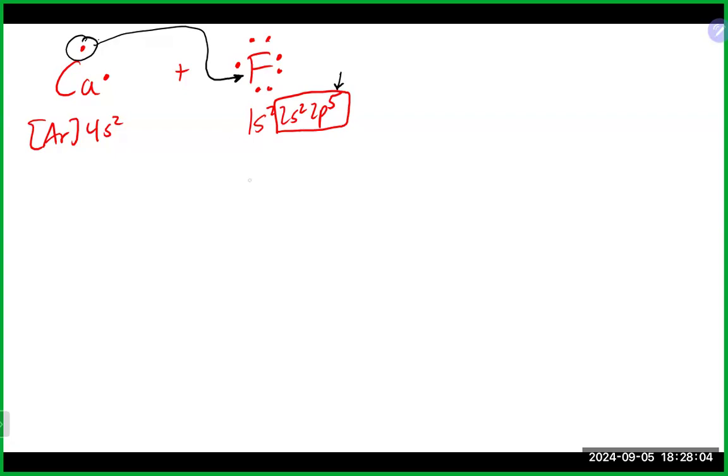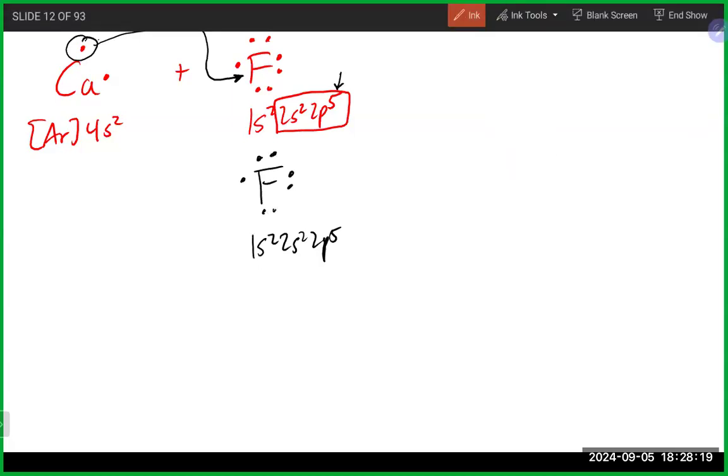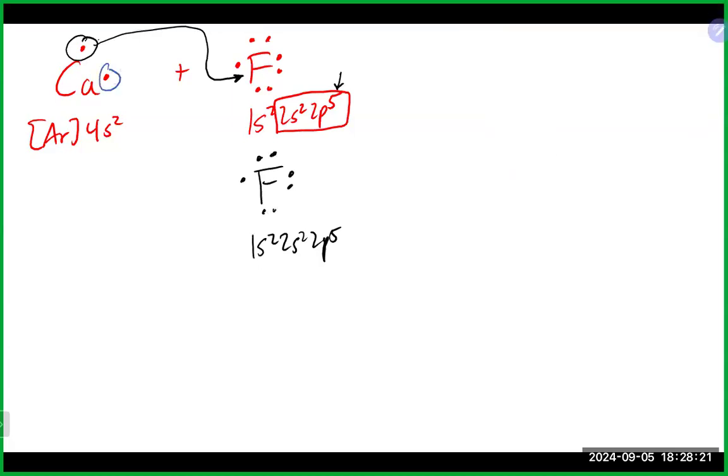But to fix it, we actually will need not 1 fluorine, but we actually need 2 fluorines. Now, this second fluorine also has an electron configuration 1s2, 2s2, 2p5. And it also has space now for this calcium to lay up its second electron here.